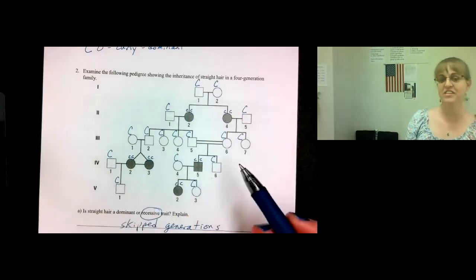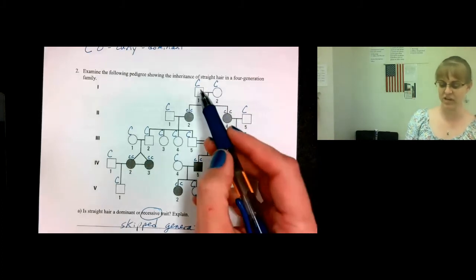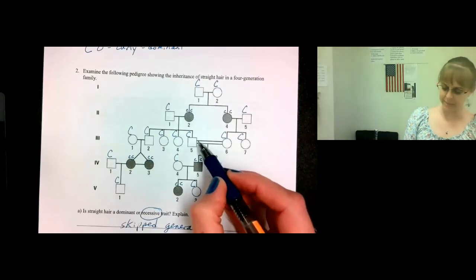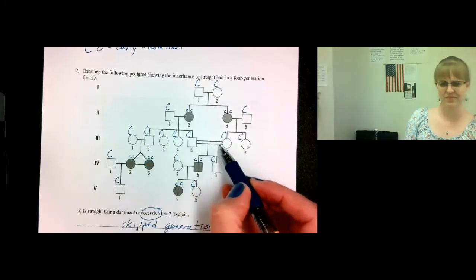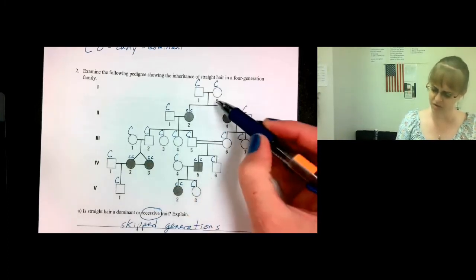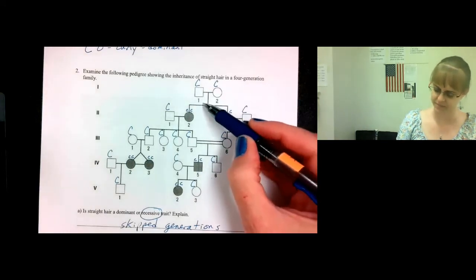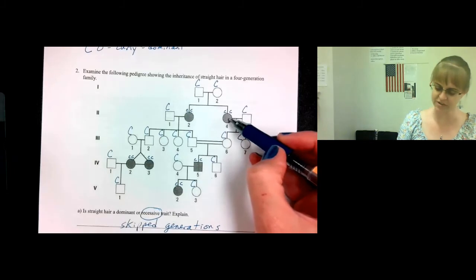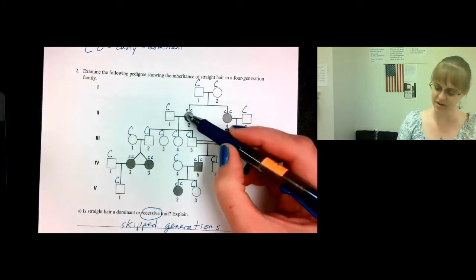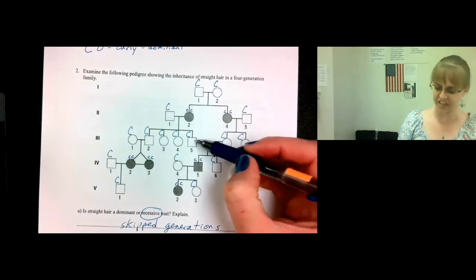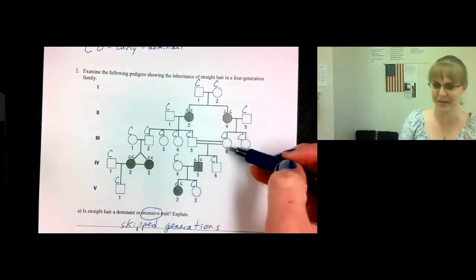Now we have to figure out the second gene for each person with the dominant trait. By the way, what's this double line? Well, notice these are the grandparents. They had 2 daughters. The daughters got married. They had kids. And the cousins married each other. Oh my goodness.